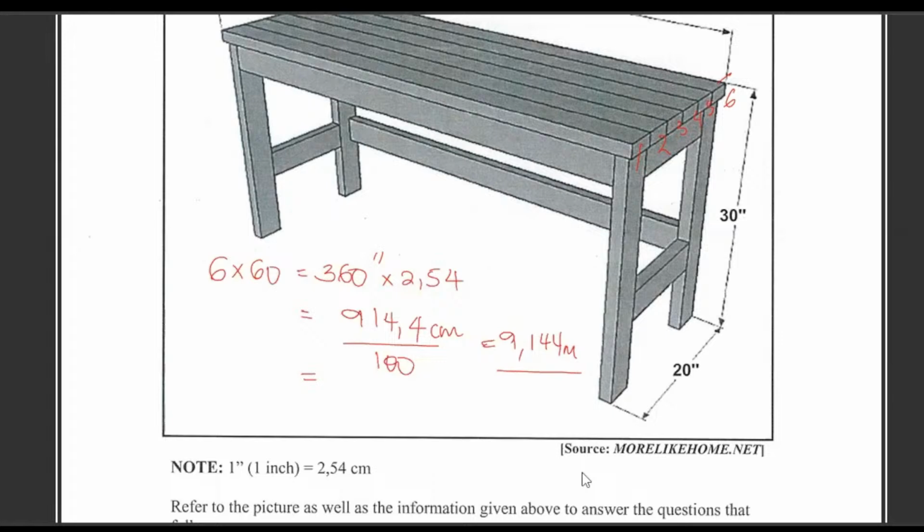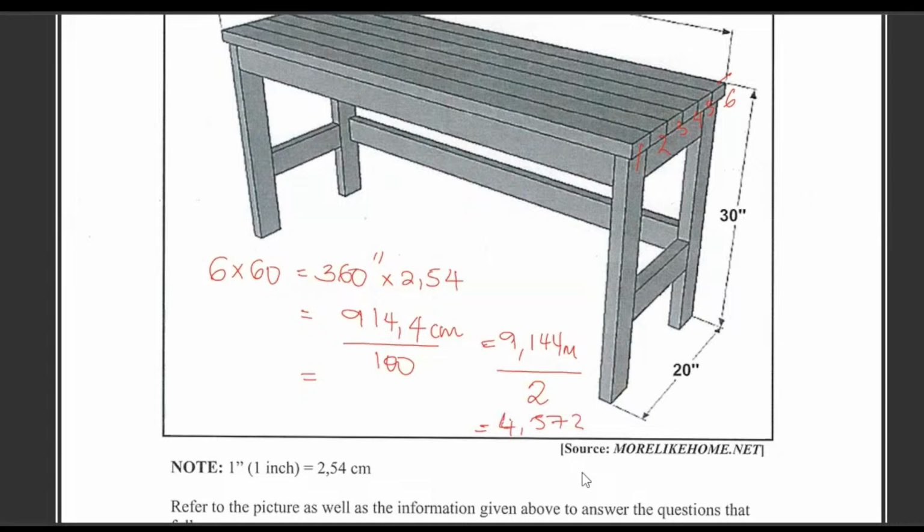You see that? So 9,144 meters, but he's going to buy planks of 2 meters. So you ask yourself, how many will he buy? So he has to buy, let's do that, divide by 2. So he will need 4,57 planks.